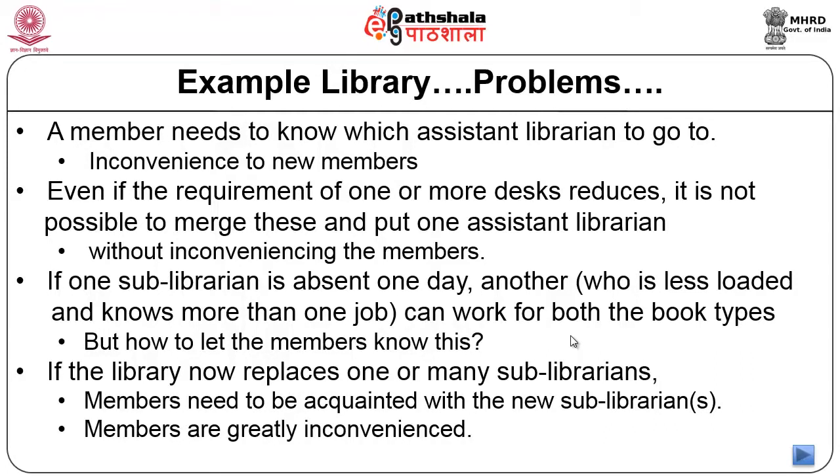So, we see that in this system, if nothing changes, then a new member coming in is the only problem. The new member gets to know the specific choice and the specific assistant librarian, then it works fine. But any change, this system cannot tolerate any change.